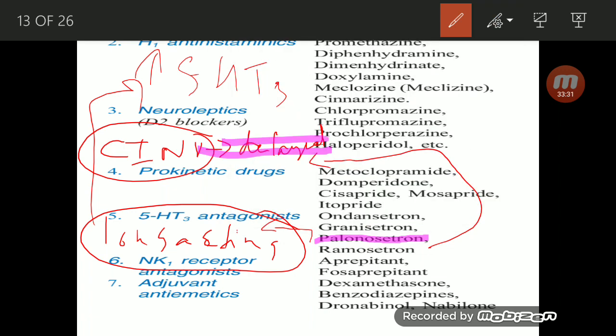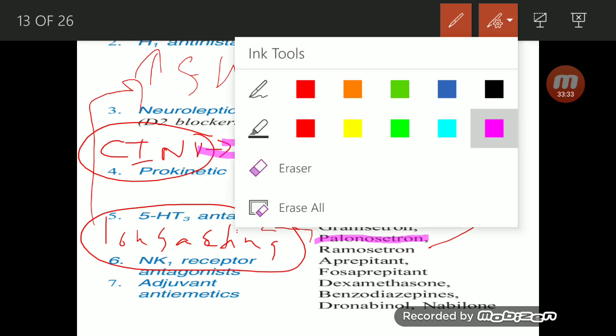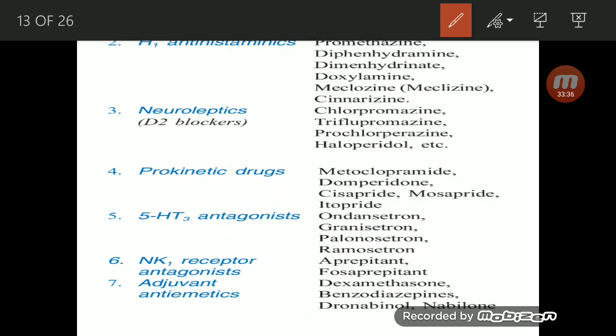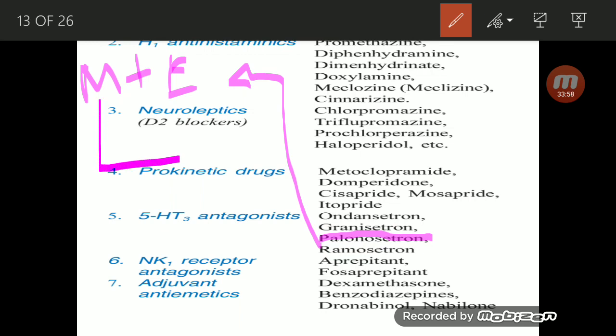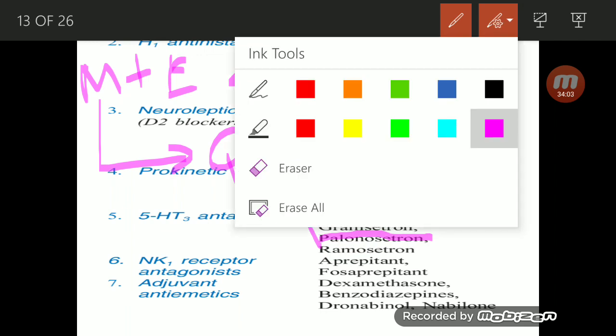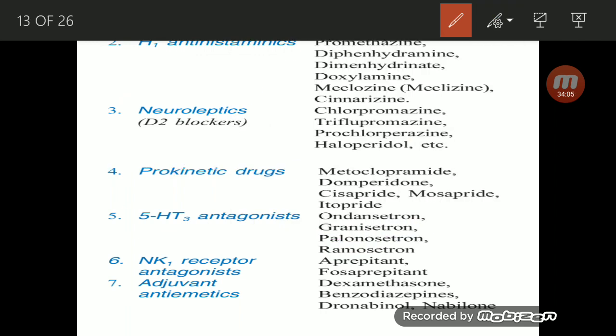But palonosetron should not be given along with moxifloxacin or erythromycin, because when they are given together it gives QT interval prolongation, so arrhythmias can develop. So it is not to be given.